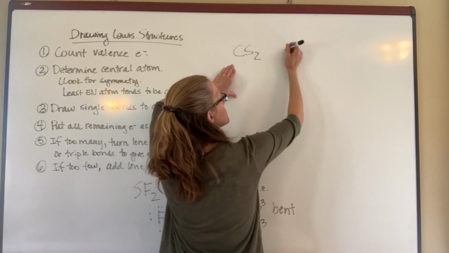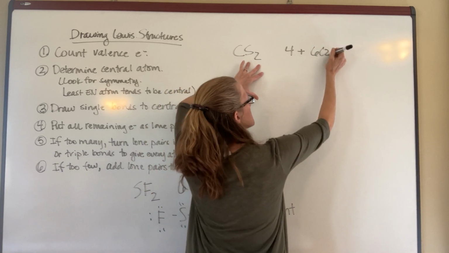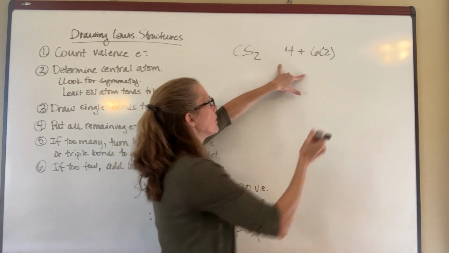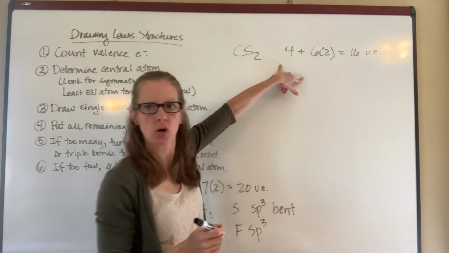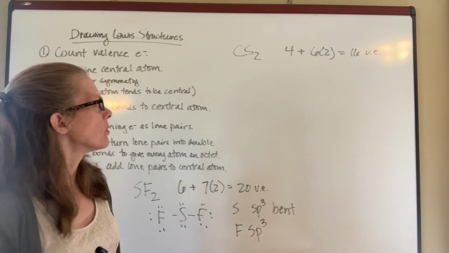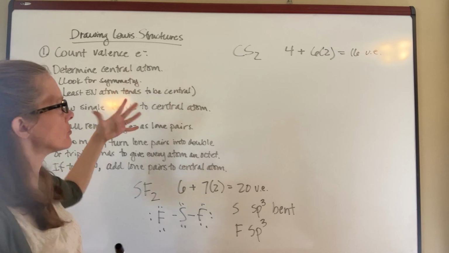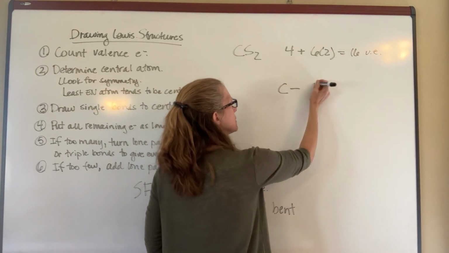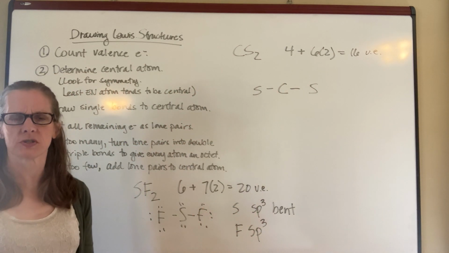My carbon has 4, and then my sulfur has 6, but there are 2 of them. And so if I take 12 plus 4, that's going to give me 16 valence electrons. Once again, carbon's going to be central. Carbon normally is central, but I'm also looking for symmetry, so that would indicate that carbon would probably be there also, so that the molecule is symmetrical.